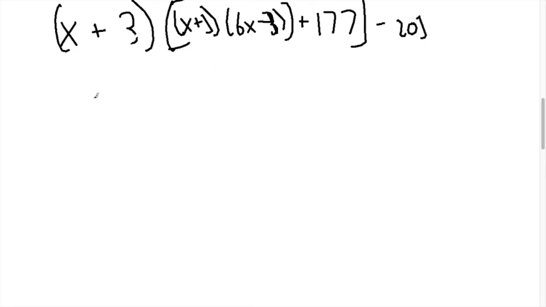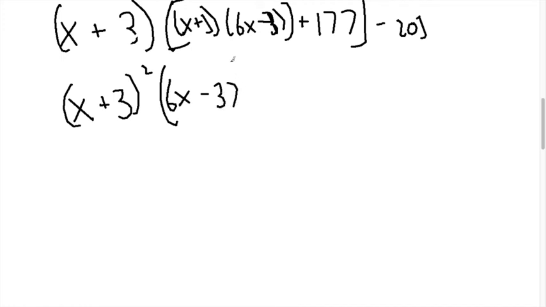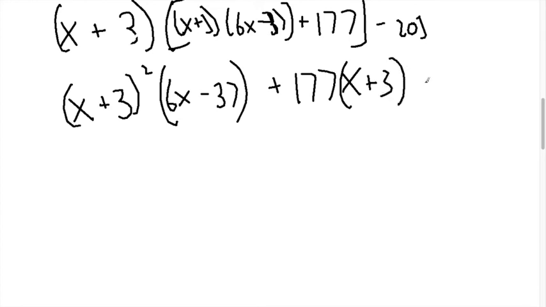Once you get to this point, the rest of it is very simple. You distribute x plus 3 to this and this, which gives you x plus 3 squared times 6x minus 37 plus 177 times x plus 3 minus 203.